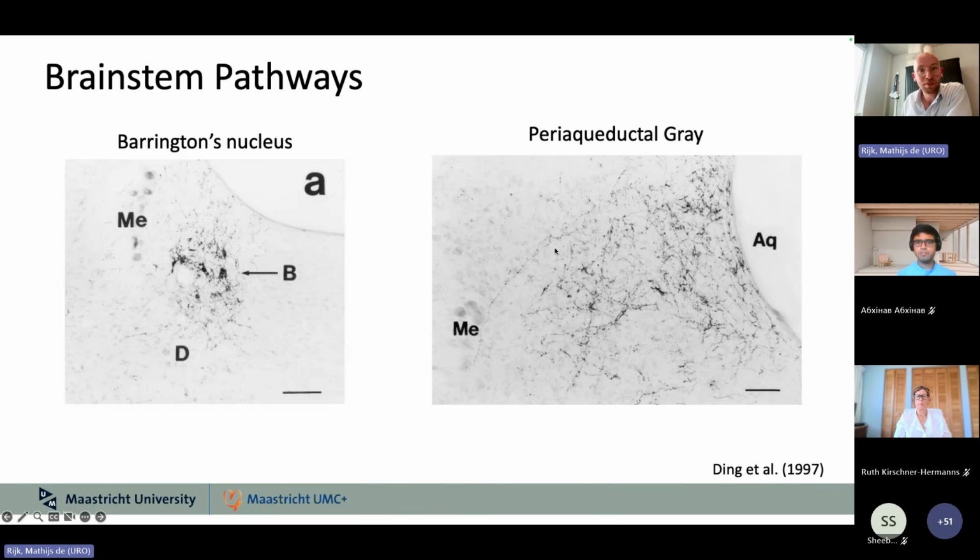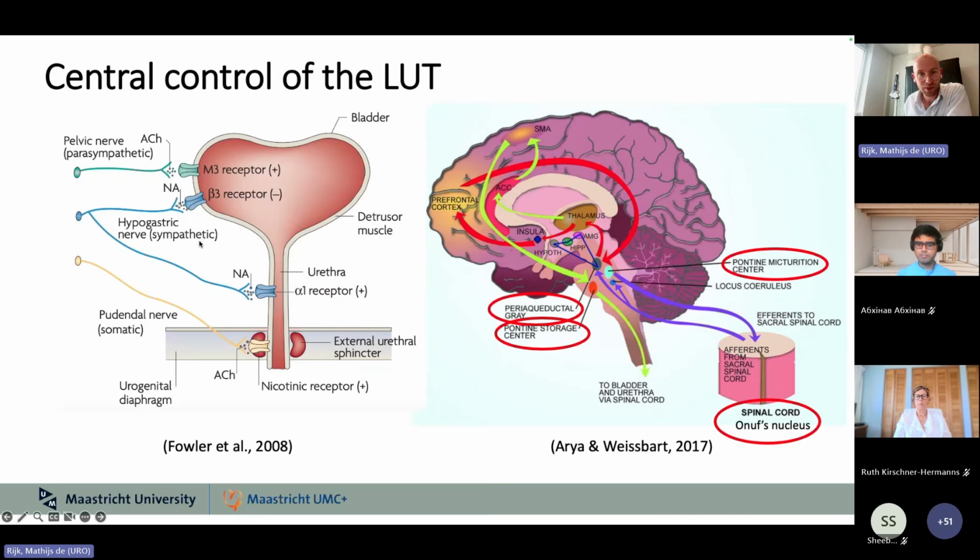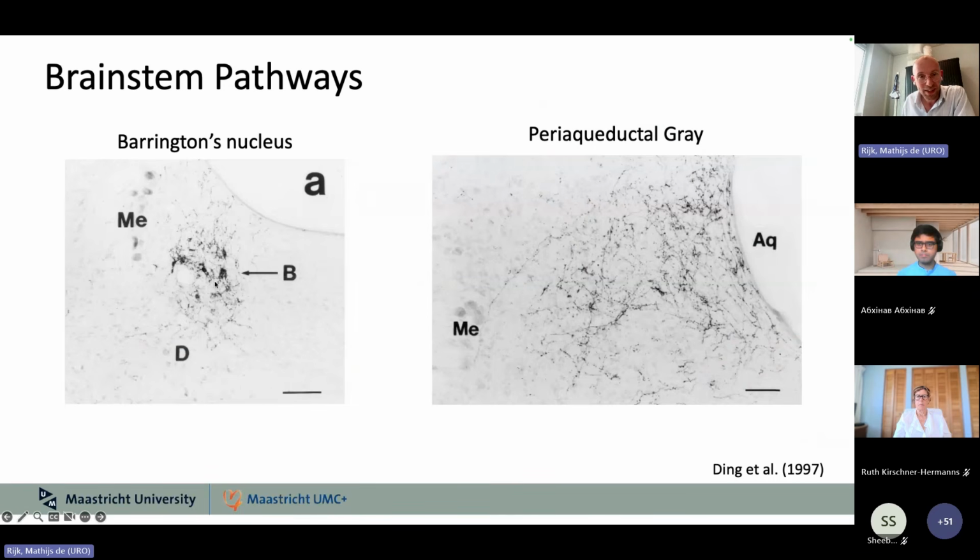So in rats, this information arrives both in the periaqueductal gray, which you see on the right, but it also arrives in Barrington's nucleus. And that's a bit in line with what we saw in this model. But in humans, it is much more predominantly in the periaqueductal gray and to a much lesser extent in Barrington's nucleus. At least that's what has been proposed.